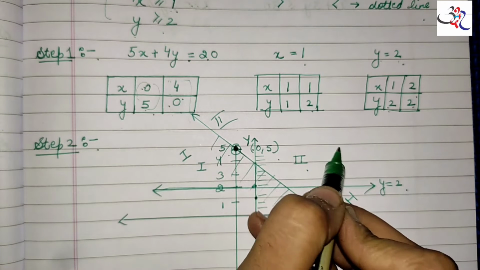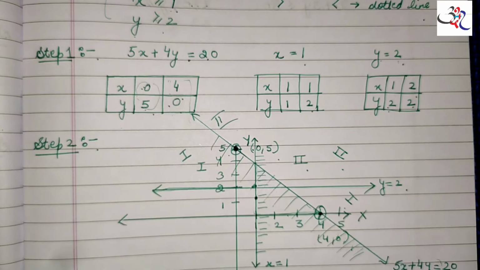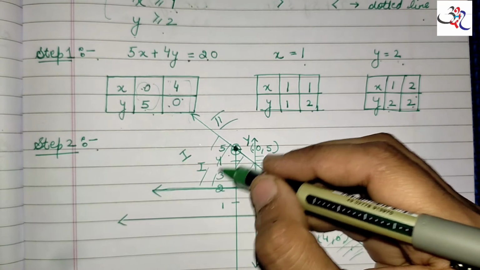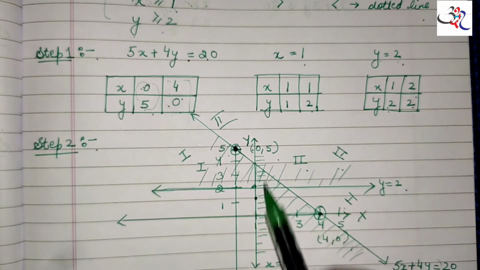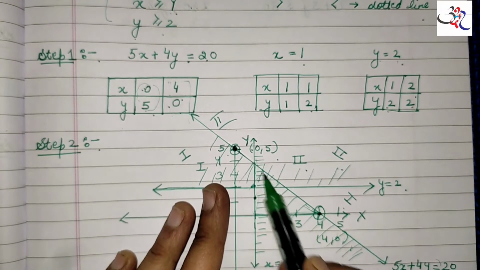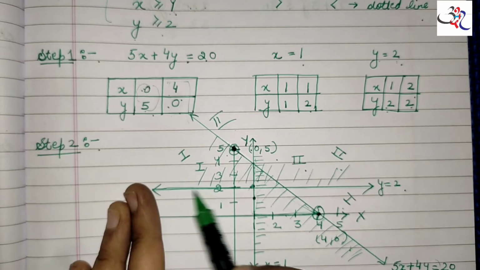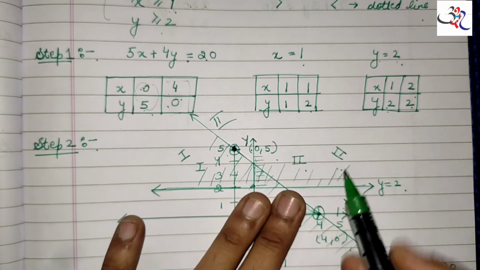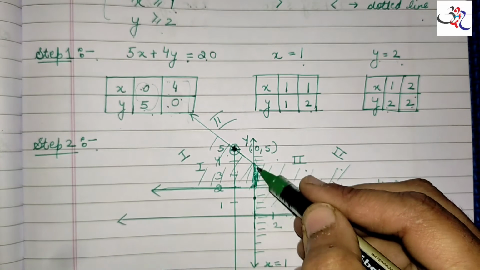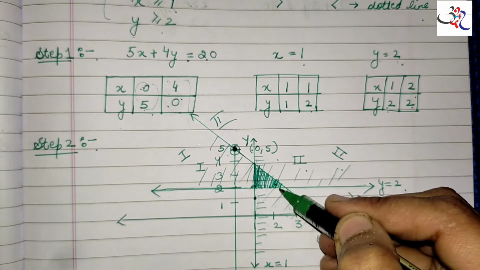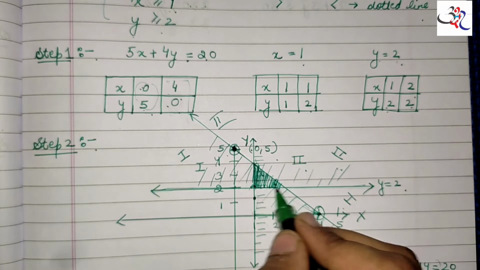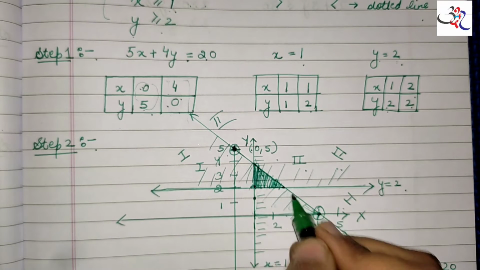This one will be my first plane and this one will be my second plane. So if this is my second plane, the solution lies in this plane. Earlier this area was common, but now due to this line, this area is not coming, so only this portion is common. So this part will be my solution of both the inequalities.